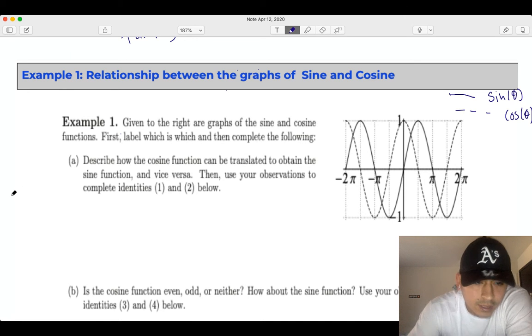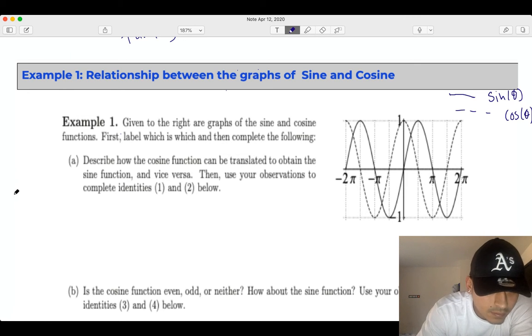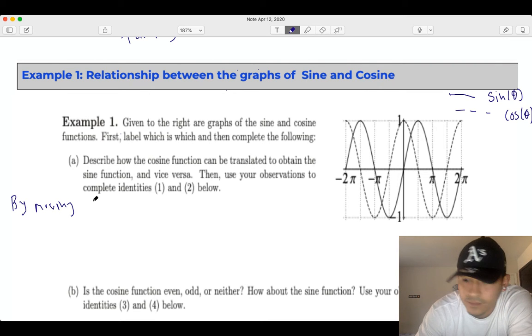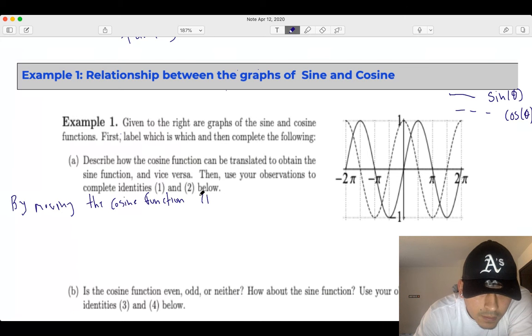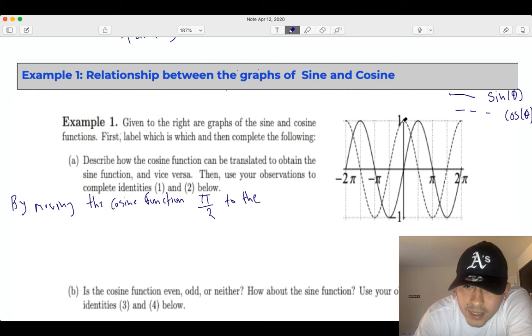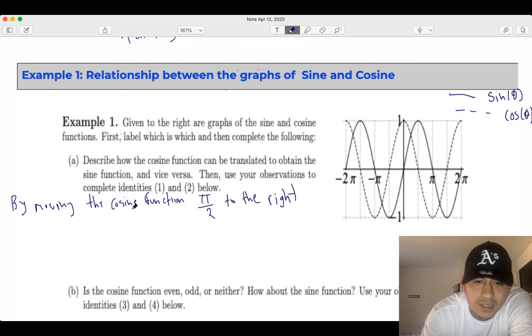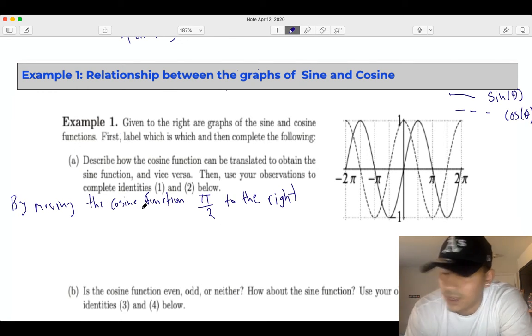We are going to write: by moving the cosine function pi over 2 radians to the right, we obtain the sine function.